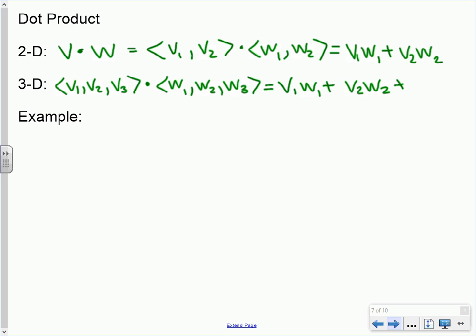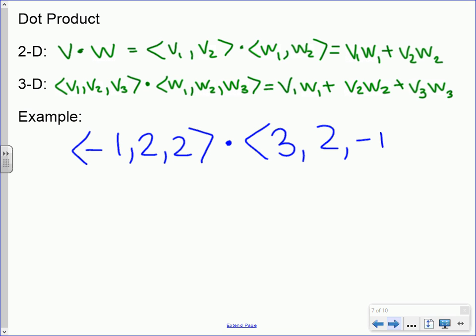We are still going to do the same process of multiplying like components and then adding those products together. Okay. So these are the two vectors I'd like to take the dot product of. I'll give you 60 seconds to see what you can do without me.